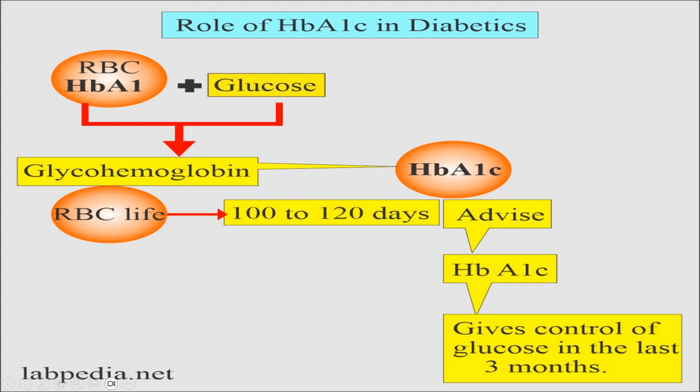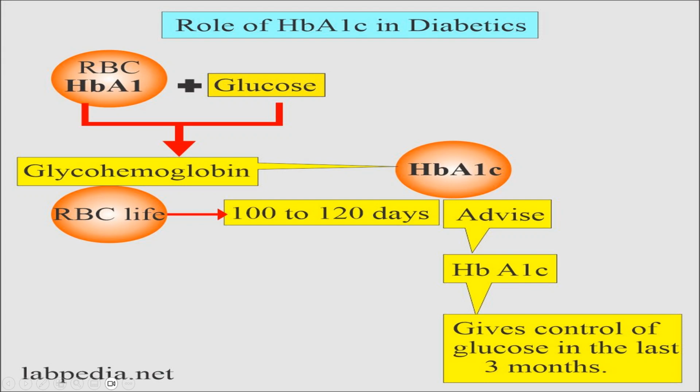If you see this figure, we have RBC, and RBC has different forms of hemoglobin. One form of hemoglobin is HbA1, and this HbA1 combines with glucose. When it combines with glucose, we have glycohemoglobin. The RBC lifespan is roughly 100 to 120 days.